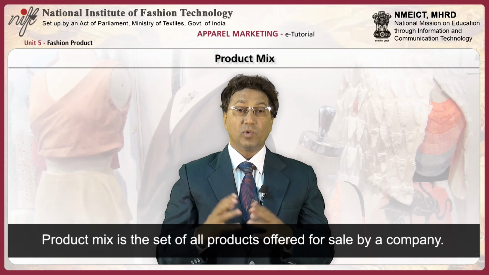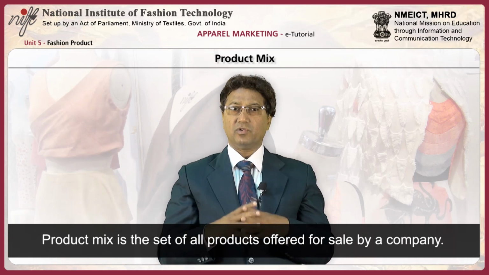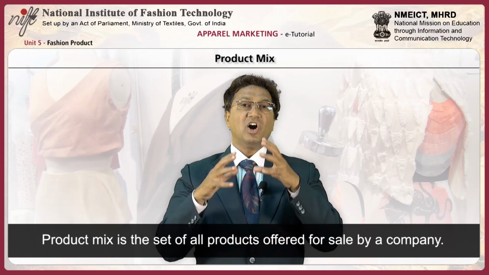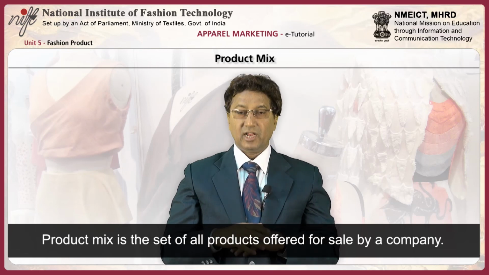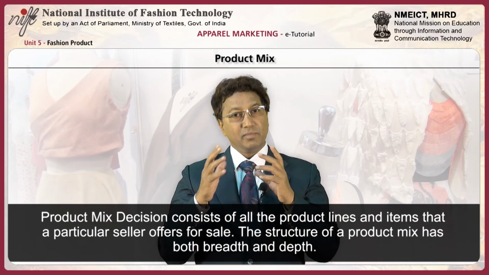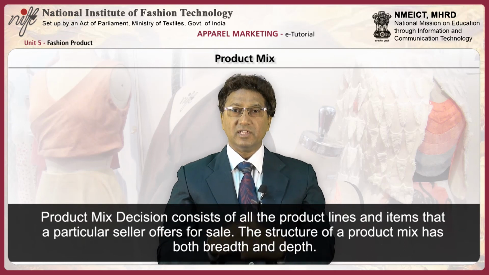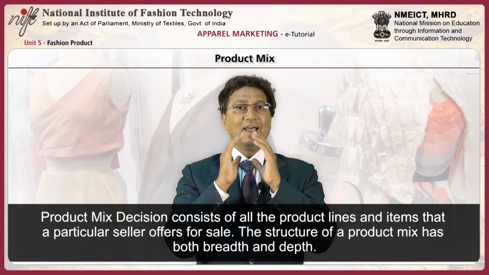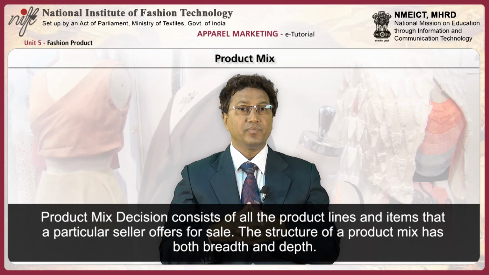Now let's understand what is product mix. A product mix, also called product assortment, is the set of all products offered for sale by a company. A product mix decision or product portfolio consists of all product lines and items that a particular seller offers for sale.